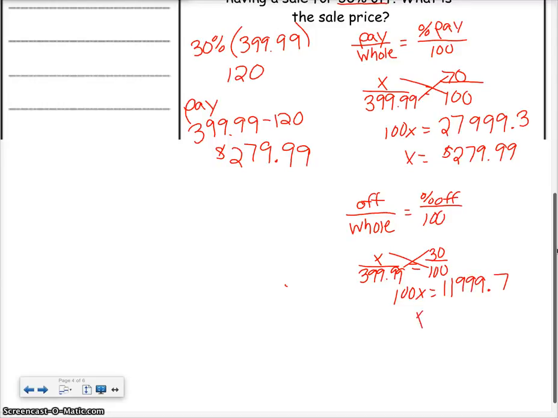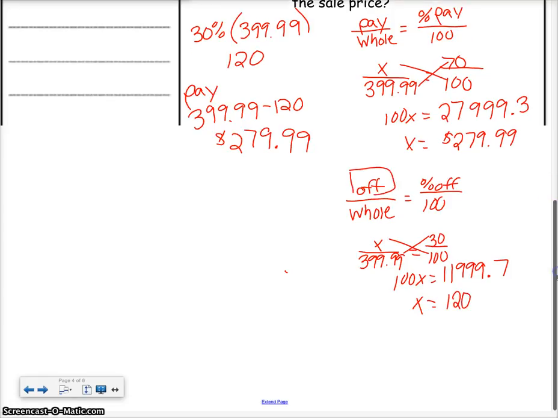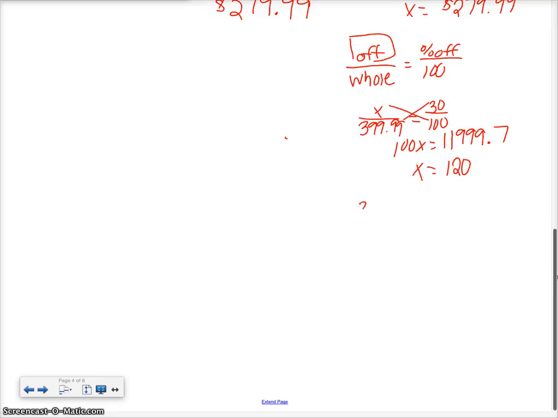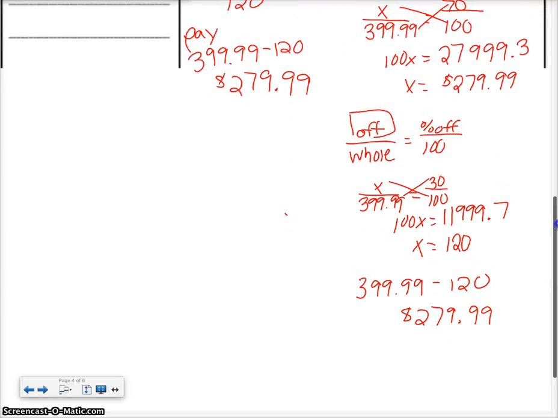Divide it by 100 and I get 120 rounded. Again, that's what I get off of the total, so I would have to subtract 399.99, take away 120, and that is your 279.99. So really 3 ways to deal with this discount situation.